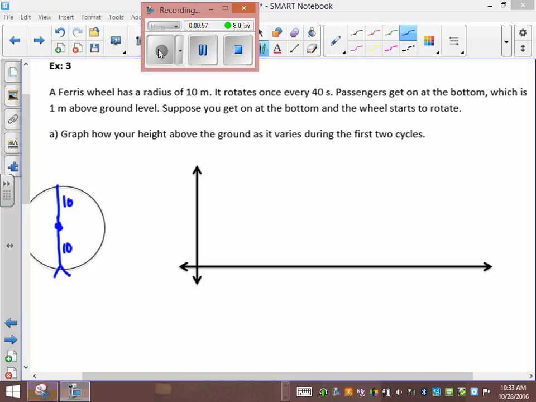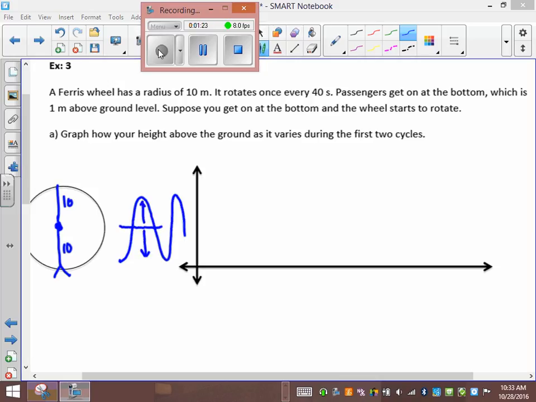What's the radius of a circle? What could you call it on an equation of a sine or a cosine graph, possibly? If I went to draw this, it would go from down here to up here to down here to up here, and I'll draw it properly over there. So the radius is 10 and 10.